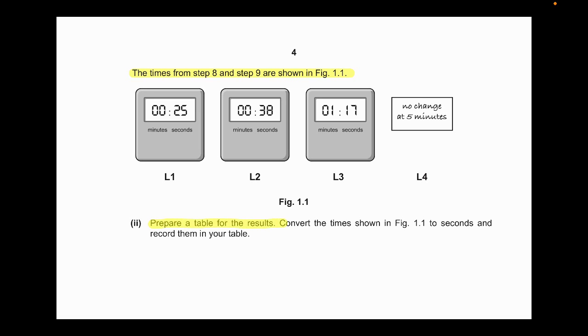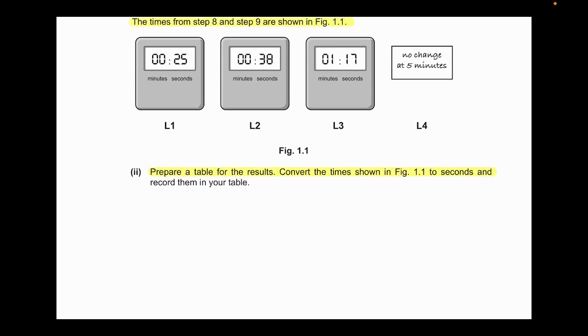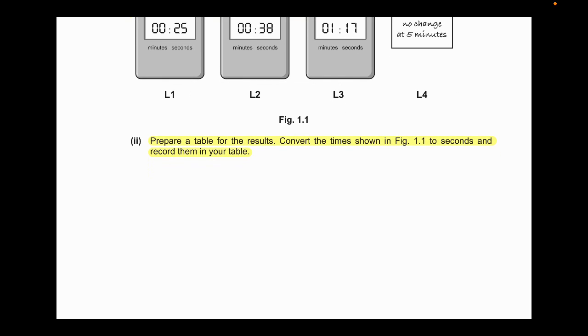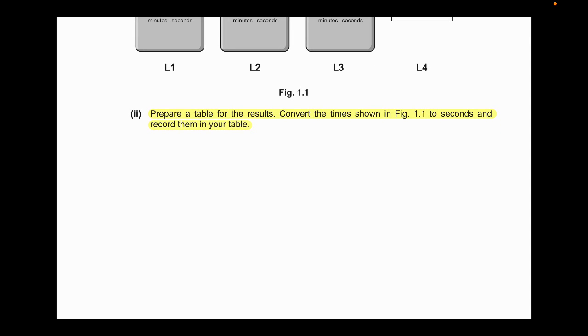Prepare the table for the results. Convert the time shown in figure 1.1 to seconds and record them in our table. So basically in this kind of table we will have to record the test tubes that we are using.